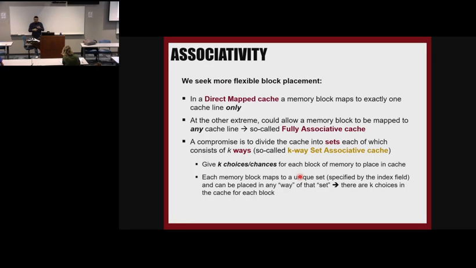But within the set, we have k number of ways that we can map different locations in the main memory to the cache, right? So we have k lines in each set, and we have a specific number of sets in the cache, okay? And within the set, we have flexibility. So this is something between direct map cache and fully associative cache, okay?